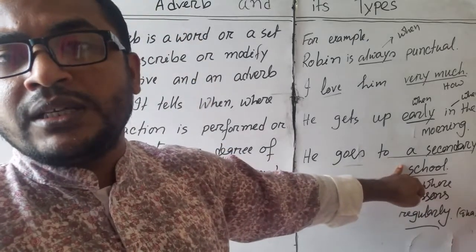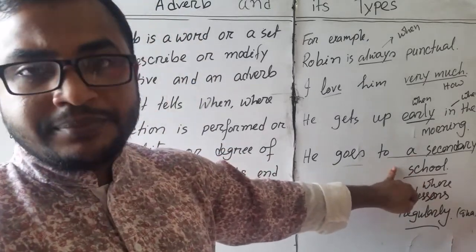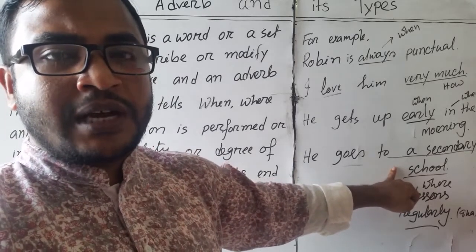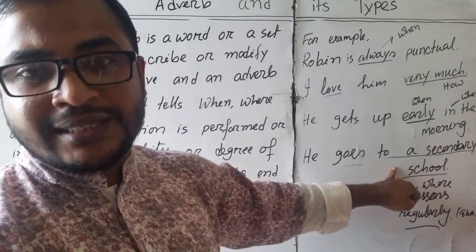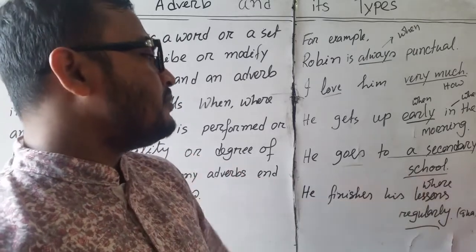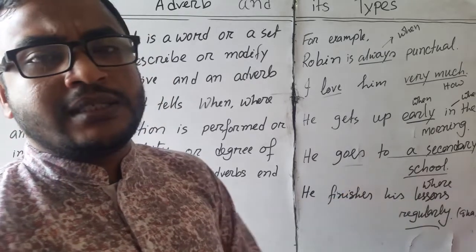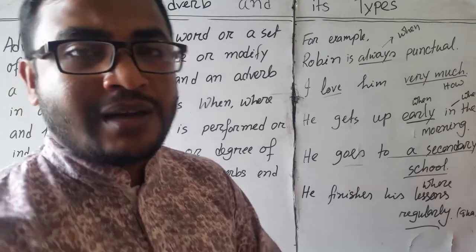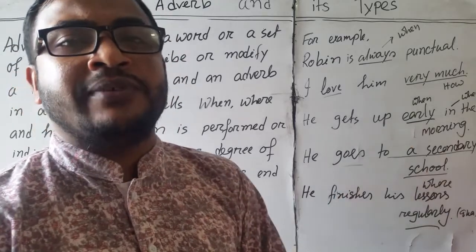It's a set of words. It refers to a place. That is why it's an adverb of place. And the sentence supplies us the answer of where the action is performed.